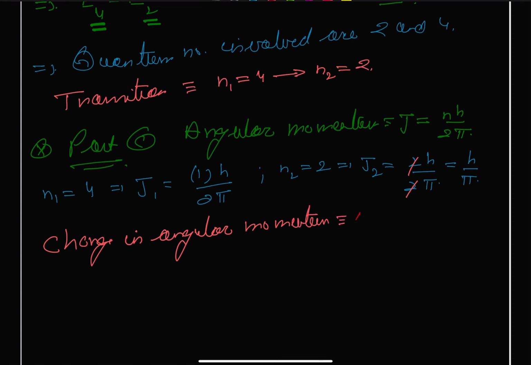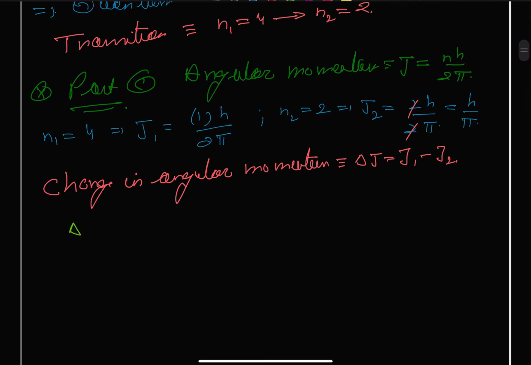Let us call this delta J, which will be equal to J1 minus J2. So delta J is equal to 2h upon pi minus h upon pi. This gives us that the change in angular momentum will be equal to h upon pi.